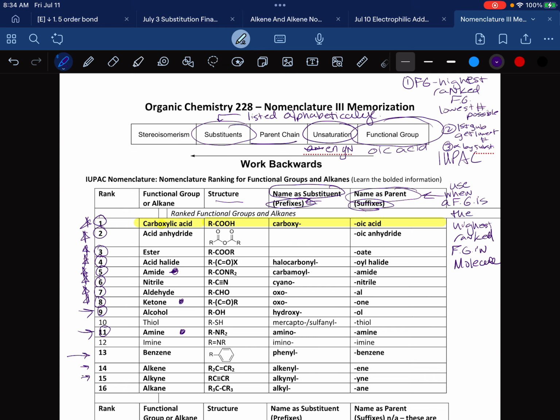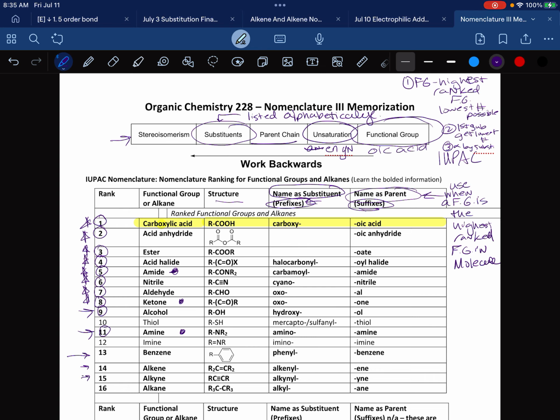So it would be EN for the double bond and YN for the triple bond. And then, of course, out front, we're going to put any stereoisomerism that we have present. So most of the examples I'm going to give probably won't have R and S and E and Z. I'm assuming at this point that you know how to do that. But I might throw in a few examples in a later video on that.